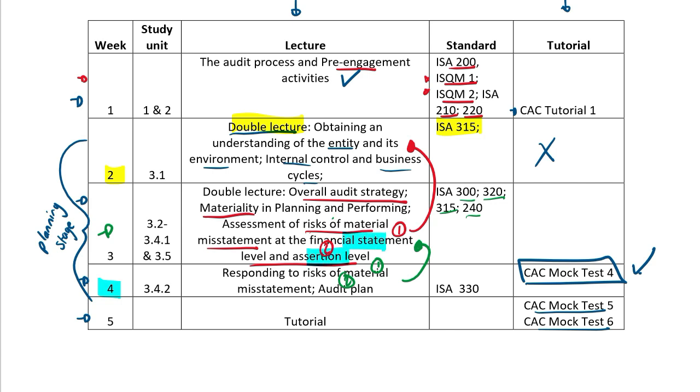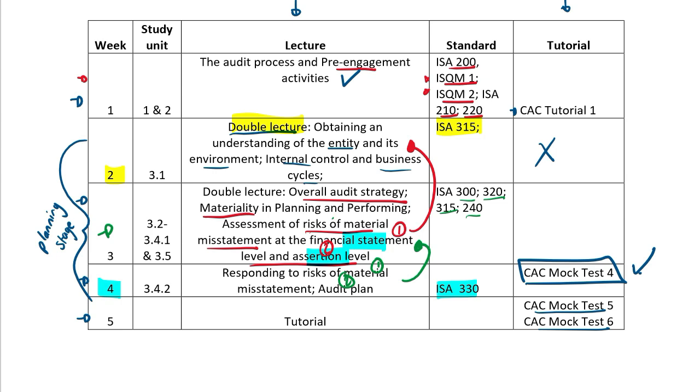We now have to respond at both levels, and that is why we developed the audit plan to respond to them specifically at the assertion level. ISA 330 is the auditing standard that we're going to look at. It is a single lecture, guys, so there is time for a question, and so we are going to be doing mock test 4, which you'll find in Cole Campus.